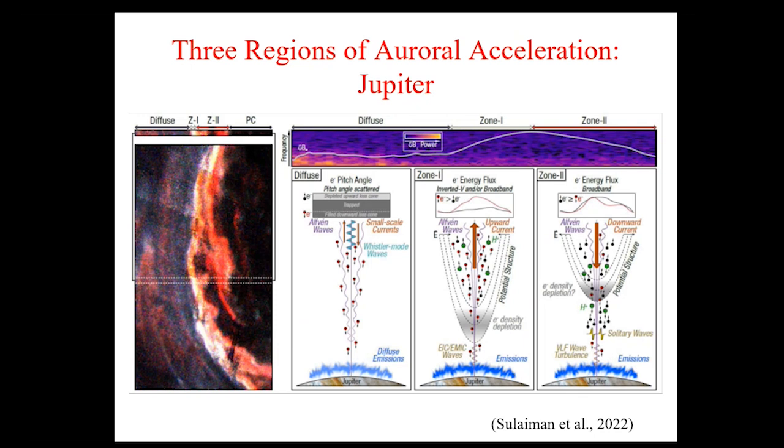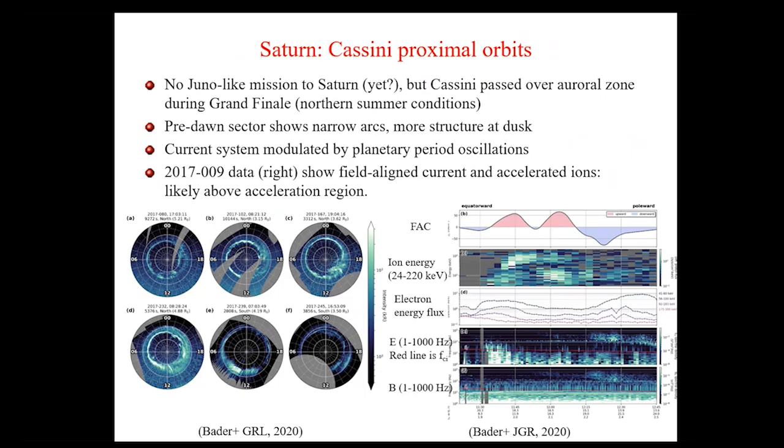And then in zone 2, we also see a lot of counterstreaming particles and some indication of a potential structure, although it's not quite as clear as it is in the case of Earth. I was also charged to talk about the aurora on all the giant planets.